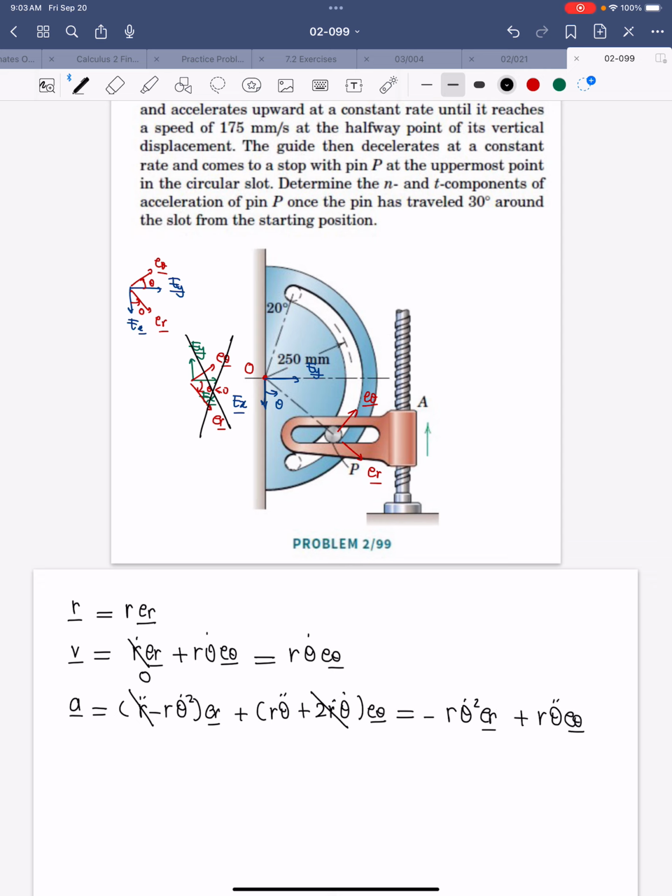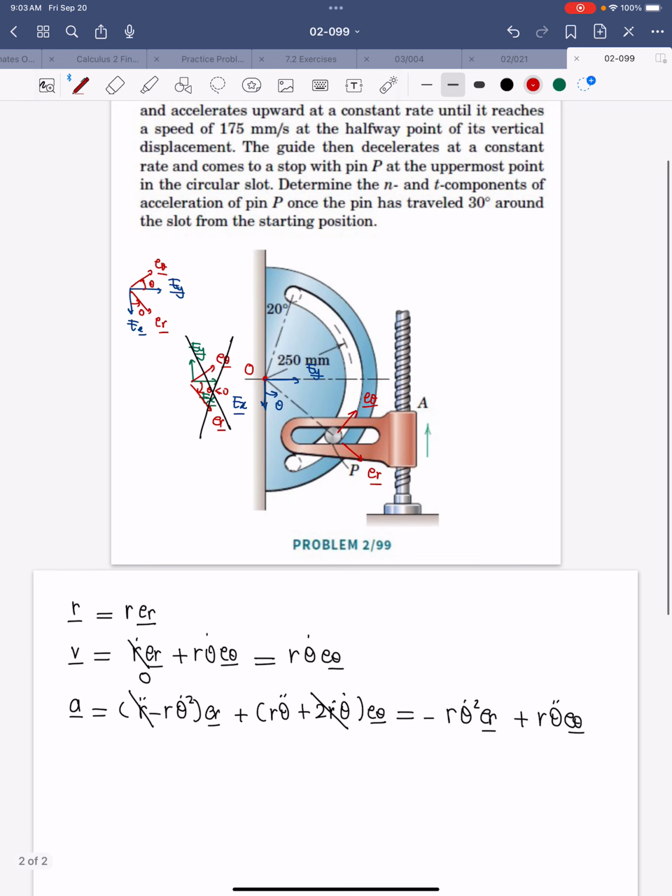And basically what this problem is asking for is the acceleration of pin P once the pin has traveled a certain distance. So I have more information about the kinematics of pin P, which is basically that P is also in this slot A, the pink slot.